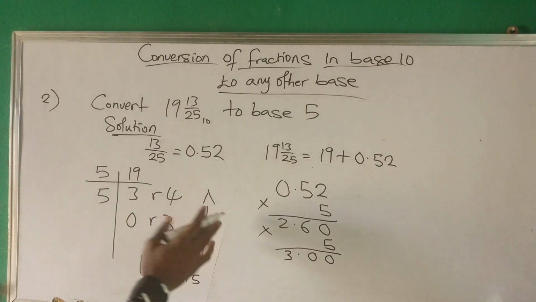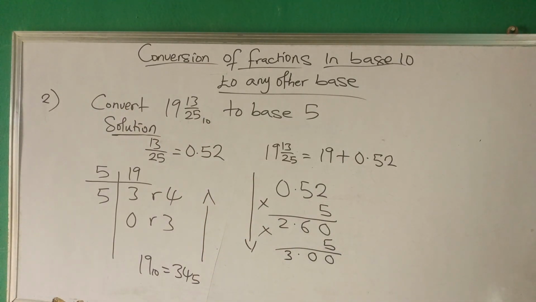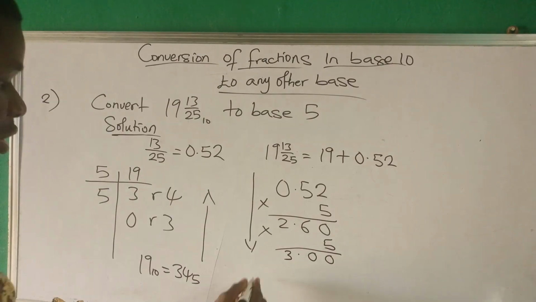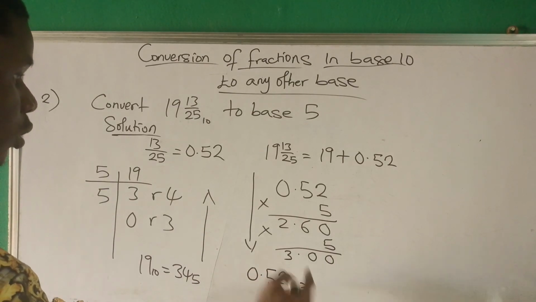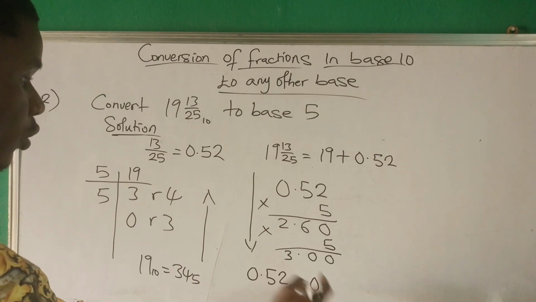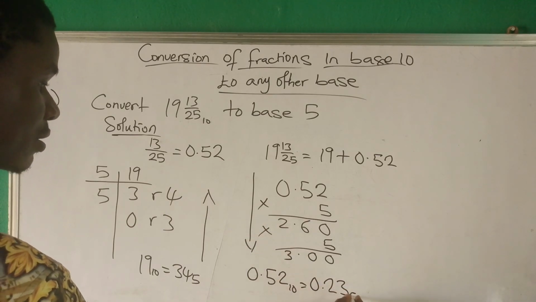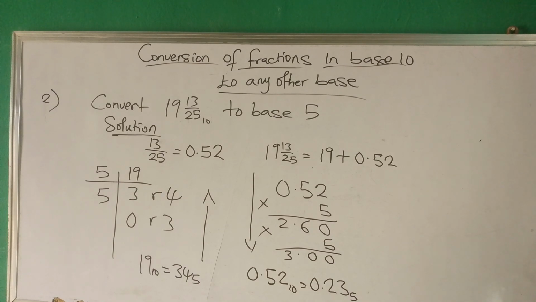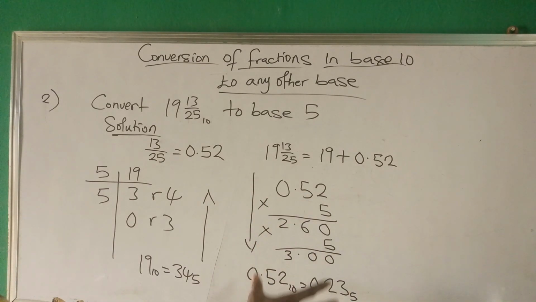Our answer, unlike the whole number part which is in ascending order, for the decimal part the answers are written in descending order. So 0.52 in base 10 is equal to 0.23 base 5. Alright, that brings us to the end of this fractional part.